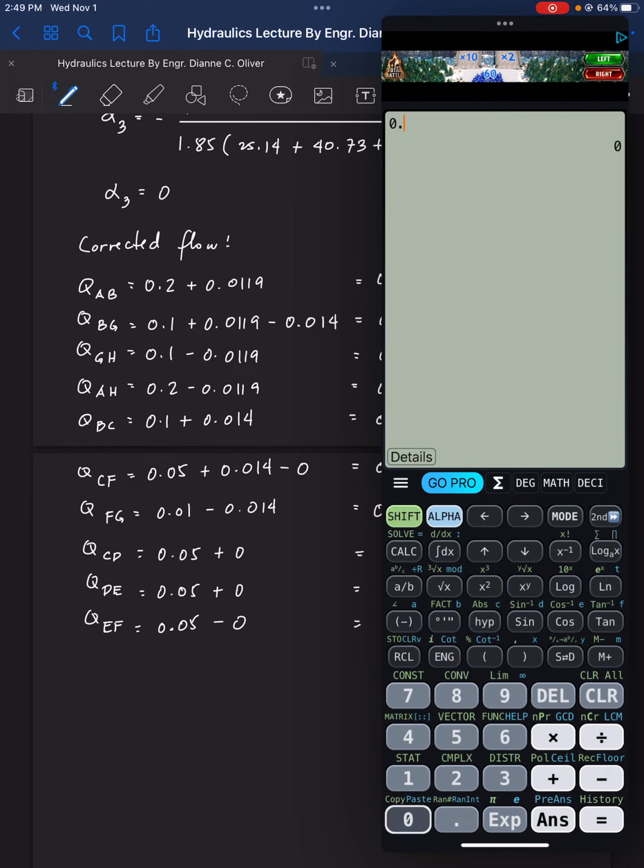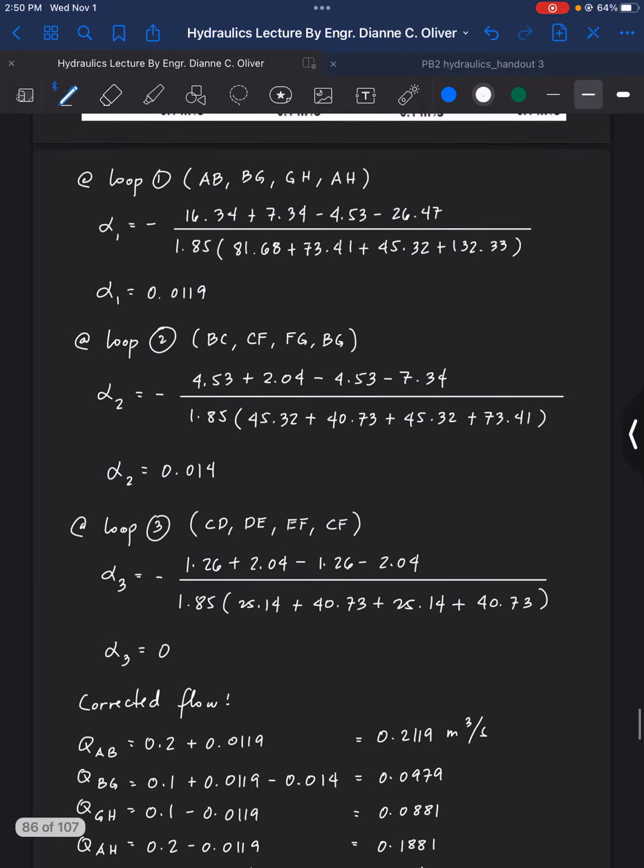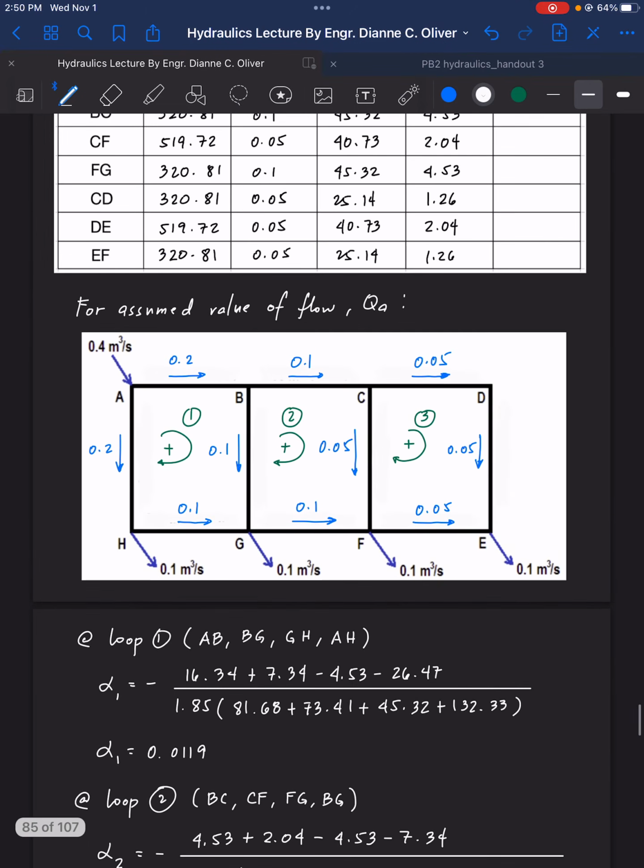Okay, so 0.01 minus 0.014, that is... so for FG, let me see, FG is 0.1.